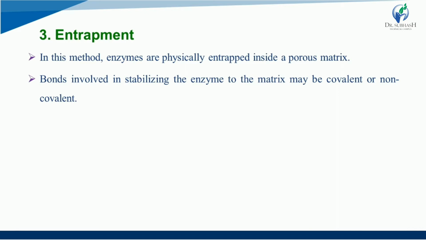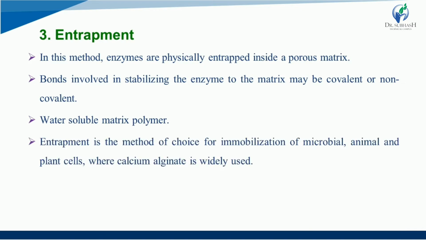Bonds involved in stabilizing the enzyme to the matrix may be covalent, so it may be either covalent or non-covalent. And the matrix that will be used should be a water soluble polymer. Entrapment is a method of choice for immobilization of microbial, animal and plant cells where calcium alginate is widely used.